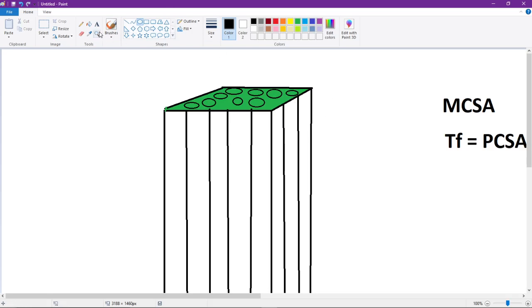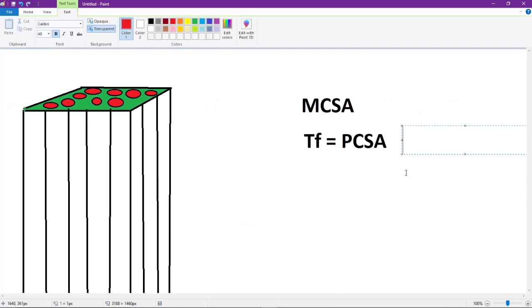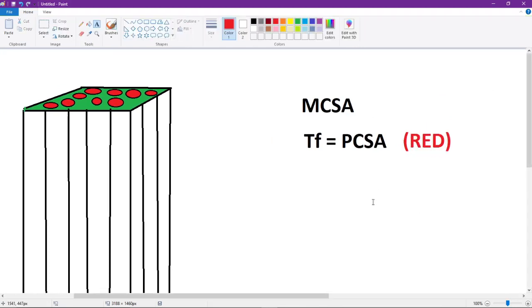Now, for the physiological area, I will take red color. If I color it red, then the total of this red area will be the physiological cross-sectional area.